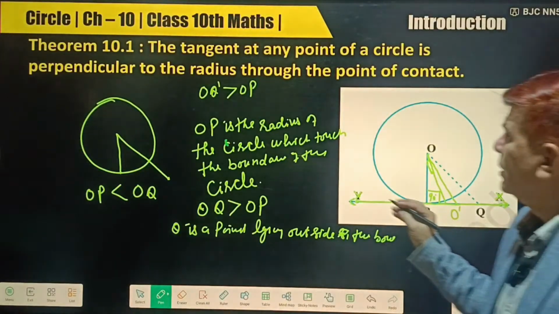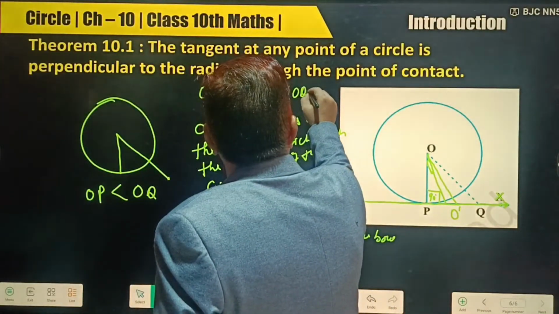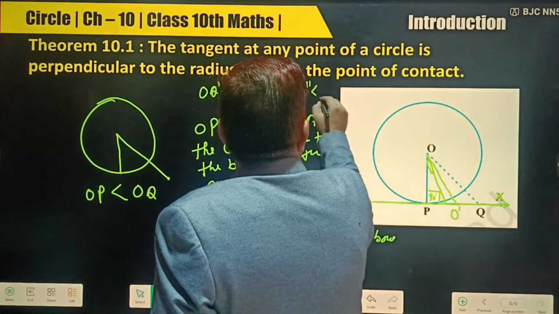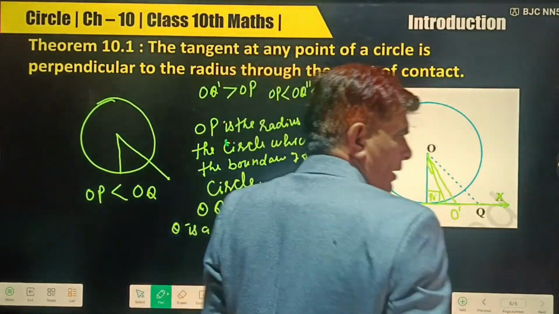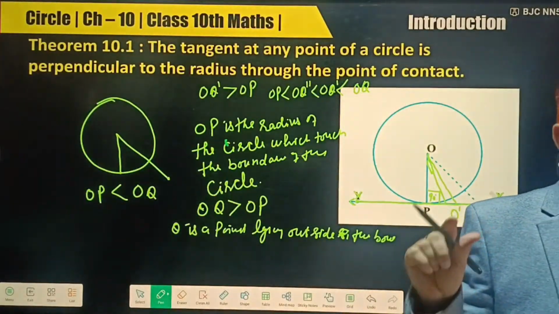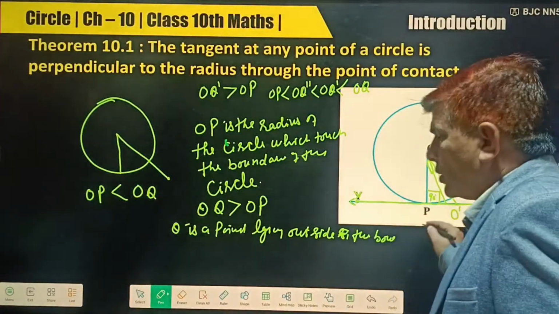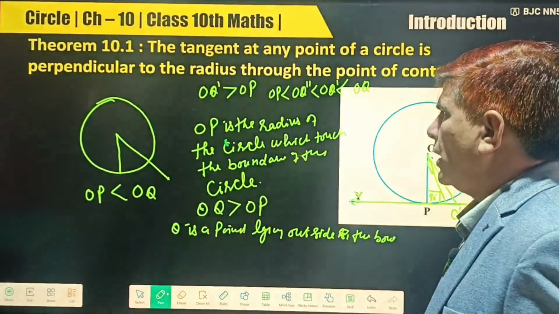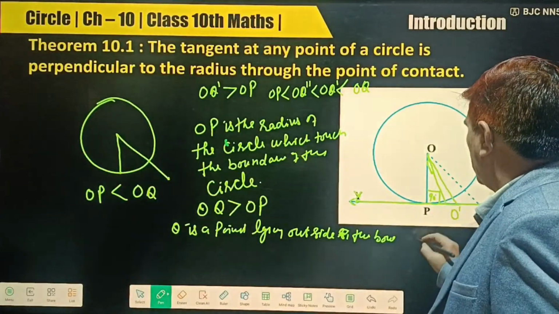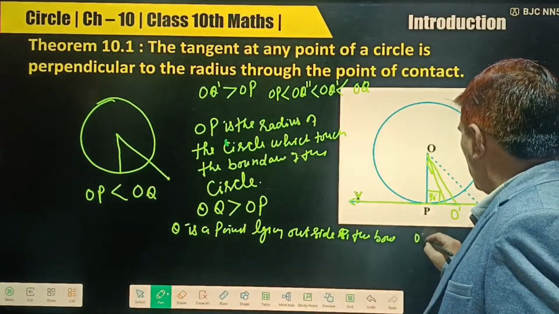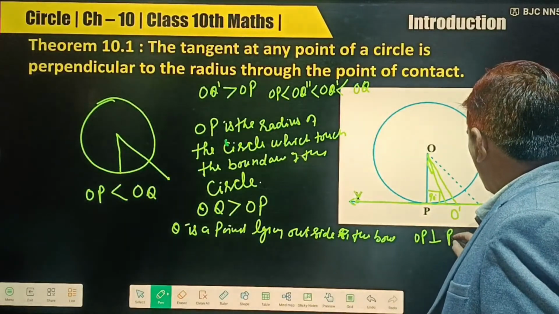So OP is less than OQ double dash, OQ dash, OQ, however you take it. It means OP is the shortest distance to reach this line. If it is the shortest distance, then we can say OP is perpendicular to PQ, or XY as given.